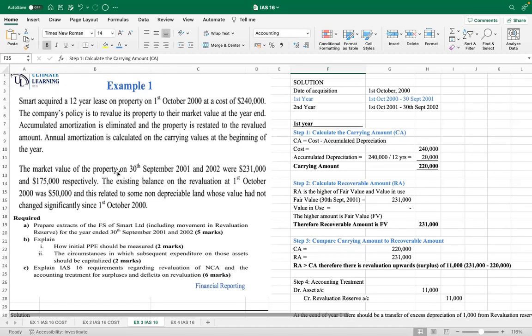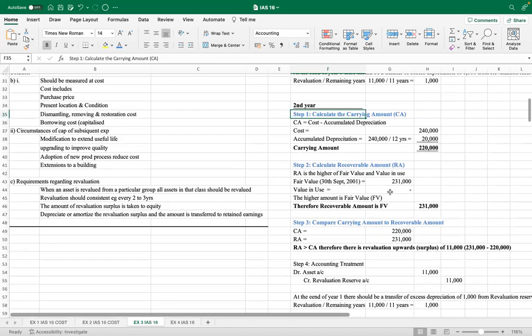Now, in the second year, you are being told the company's policy. Look at the second sentence. The company's policy is to revalue its property to their market value at the year end. So at the end of every year, we revalue the property to their new value.